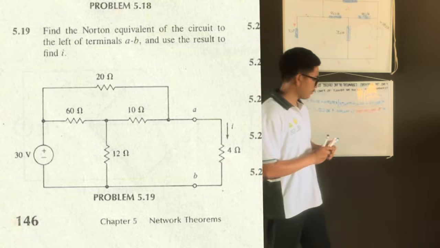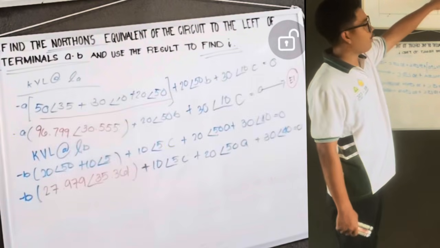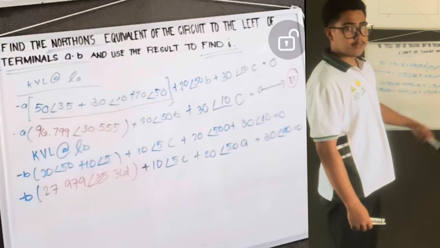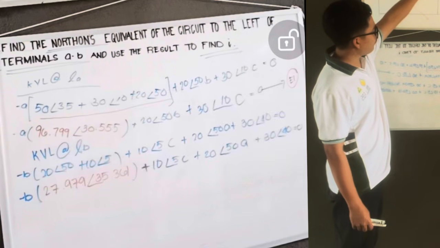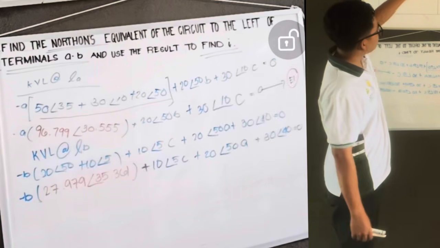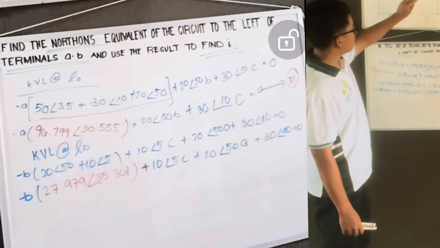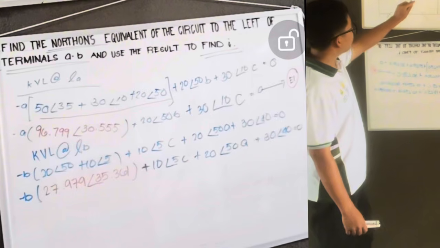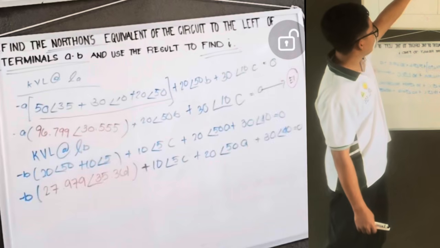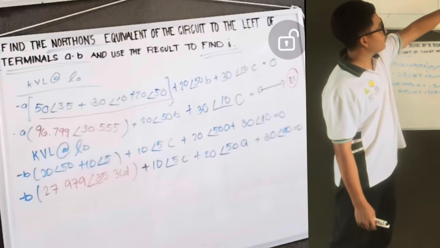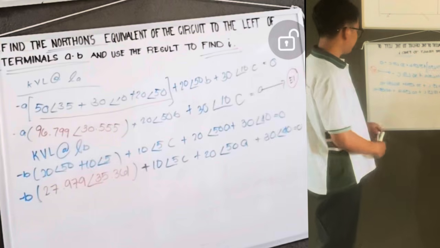So in KVL at loop B, we write negative B times 20 angle of 50 plus 10 angle of 5, plus 10 angle of 5 plus 20 angle of 50 times A, and lastly we get 30 angle of 40 volts, which is this. Now it is equal to 0.